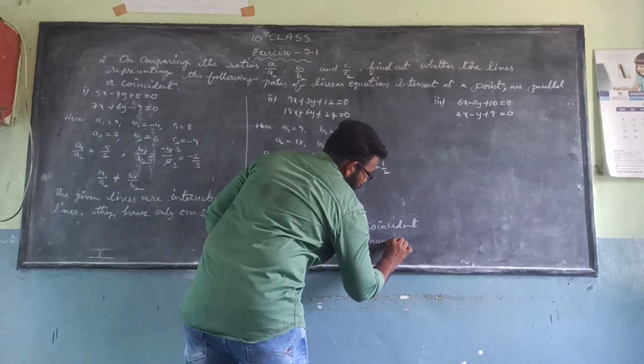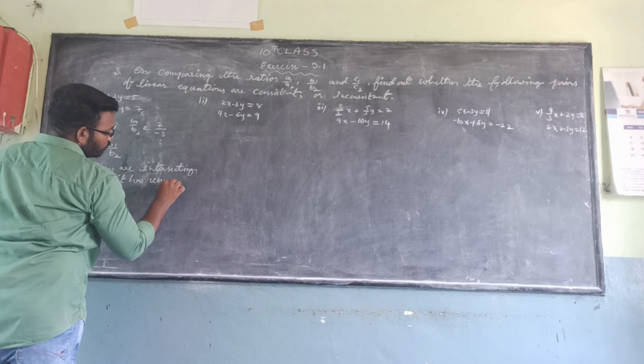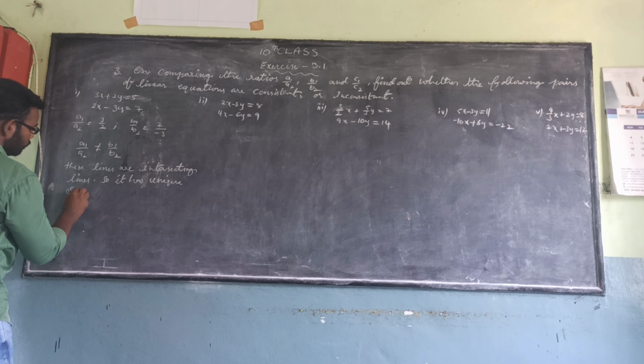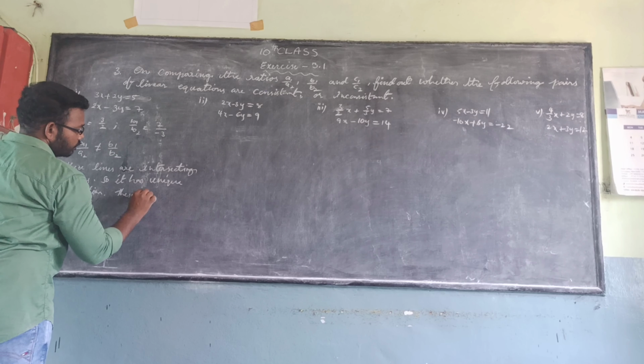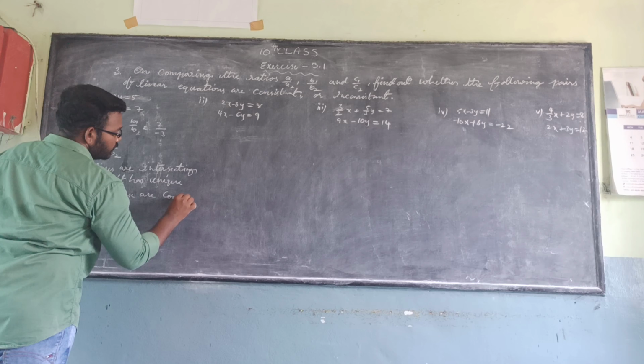So these lines are called intersecting lines. Intersecting lines have one unique solution. So these are all consistent.